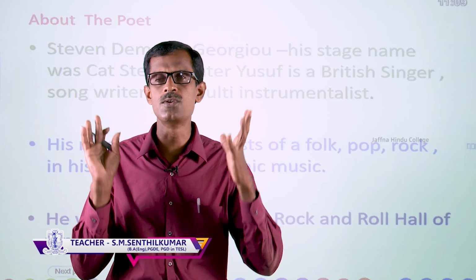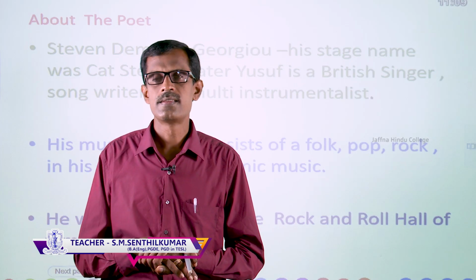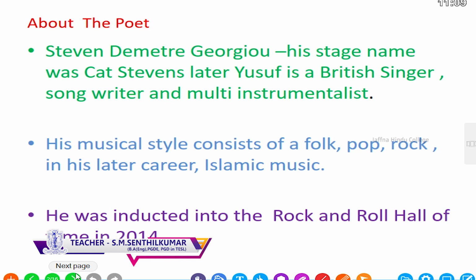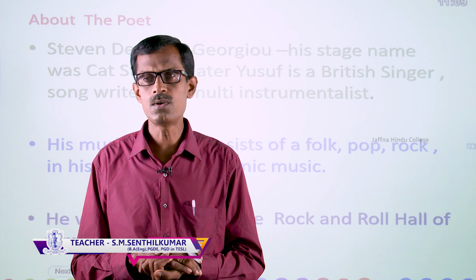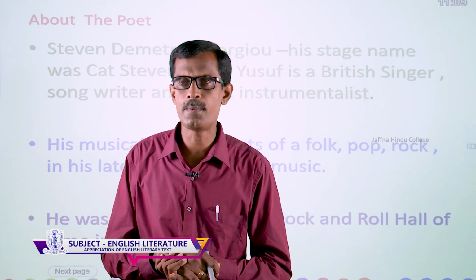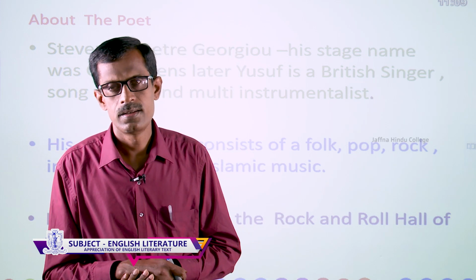These are modern music. In his later career, he changed to Islamic music. He was inducted into the Rock and Roll Hall of Fame in 2014. So this is the background about the poet.